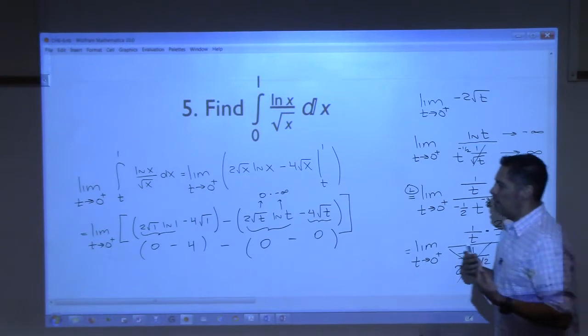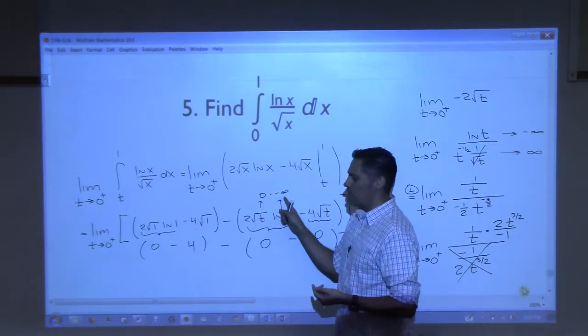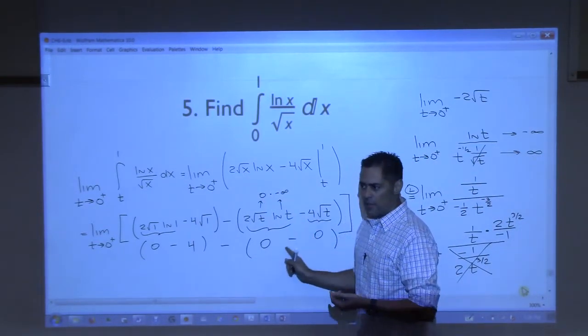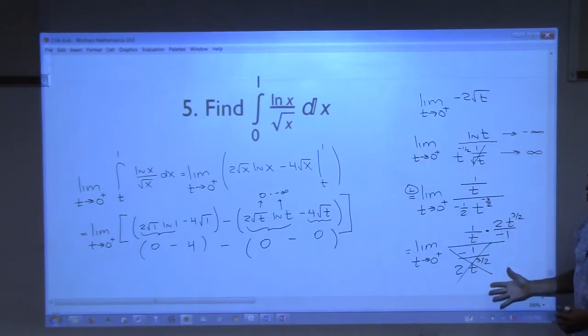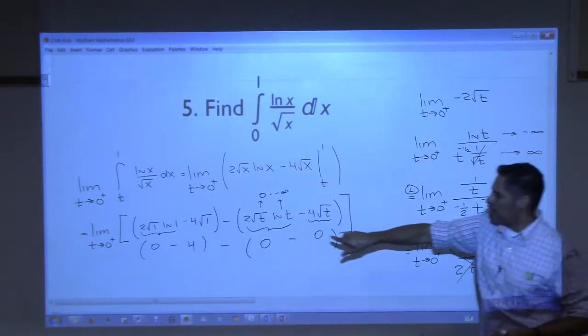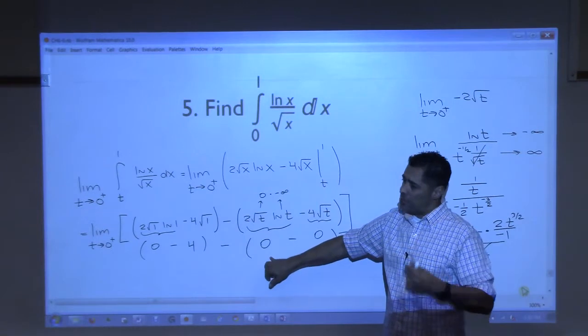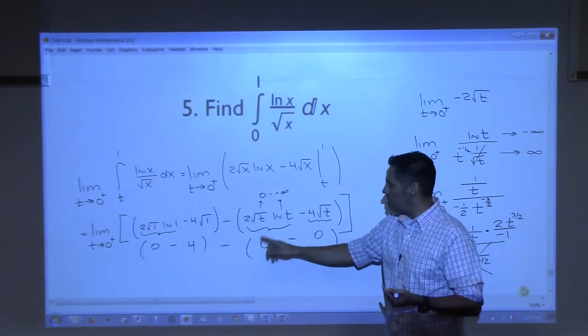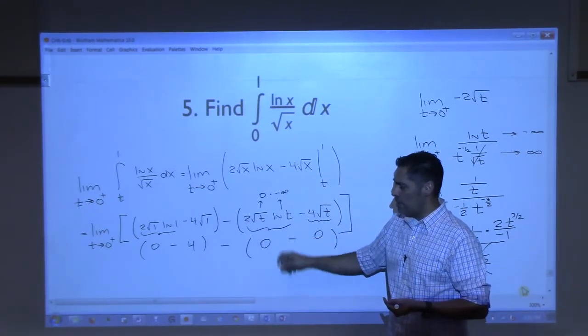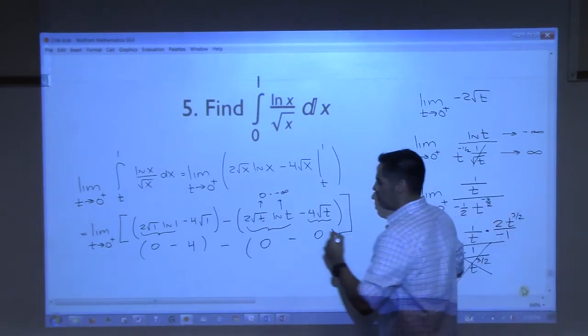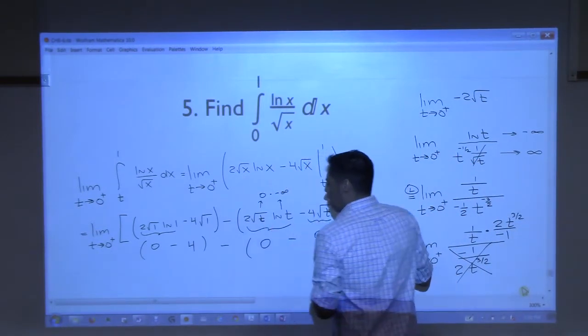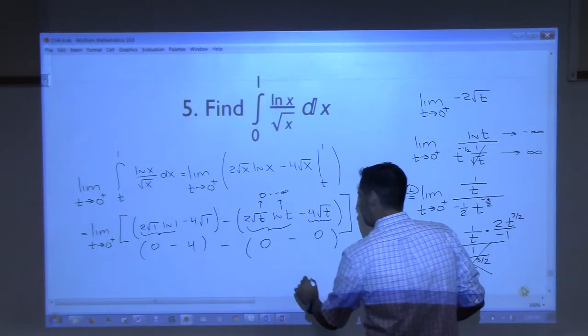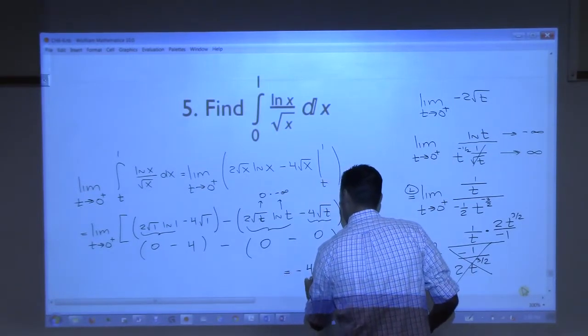Because in my mind, I'll think that you think that 0 times infinity is 0. So you have to somehow justify why that indeterminate expression goes to 0. Because it could just as well have gone to infinity. It just depends on what these functions are doing, or like how they're composed. So our final answer is negative 4.